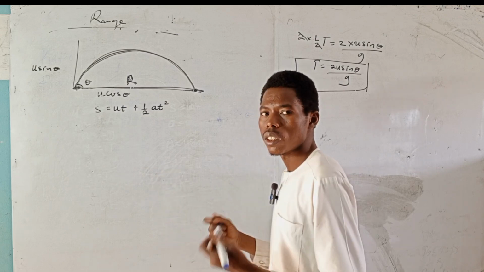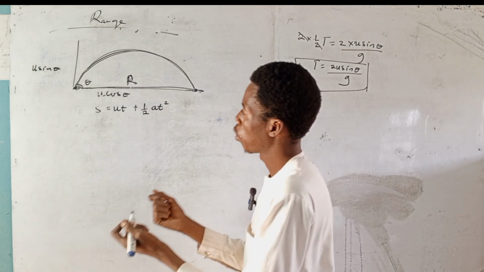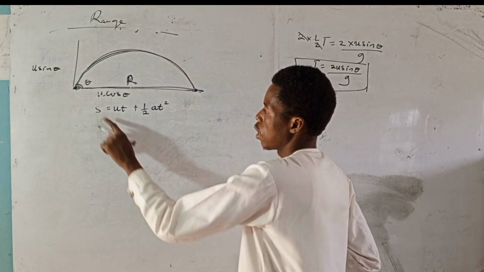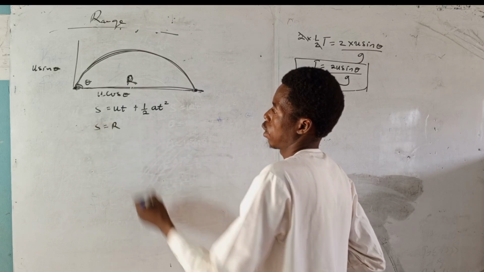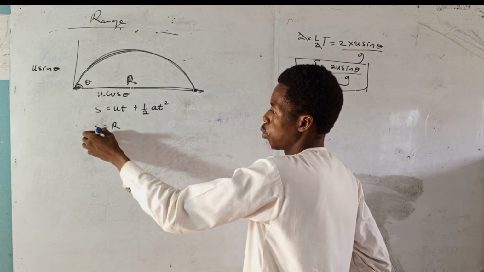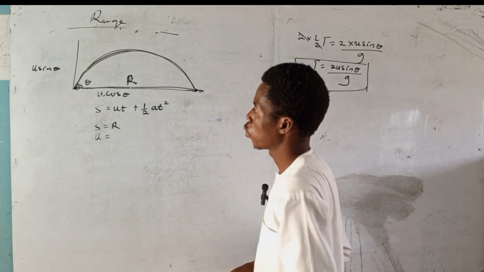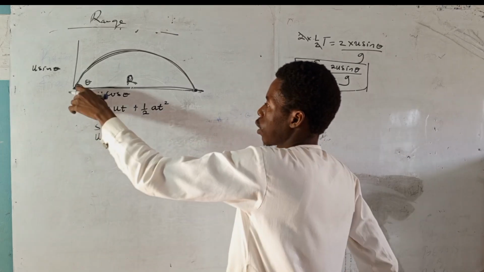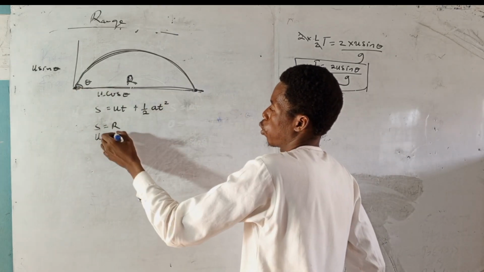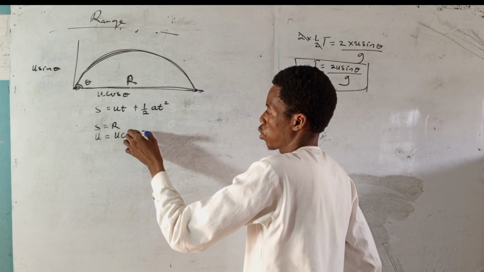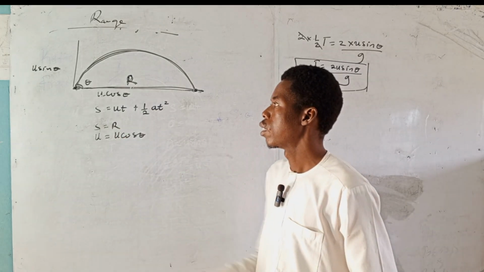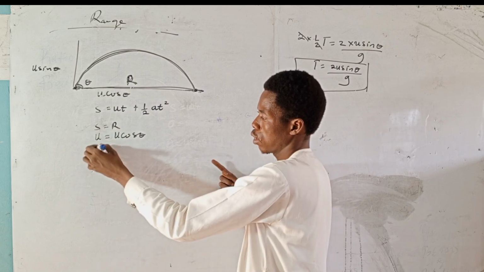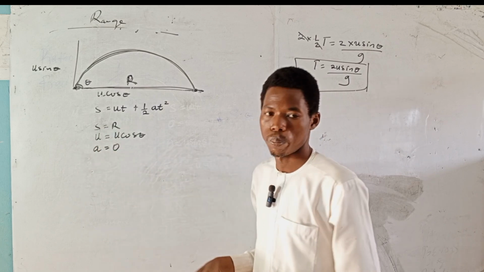For you to get the formula of horizontal range, S will be equivalent to R, and u will be equivalent to the horizontal component of the initial velocity, u cos theta, and a is equal to 0.